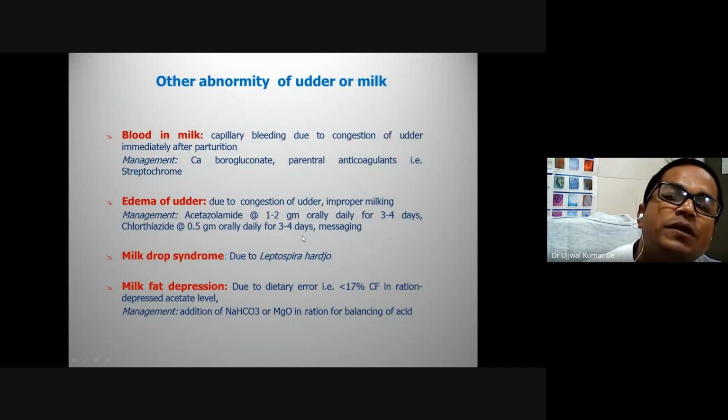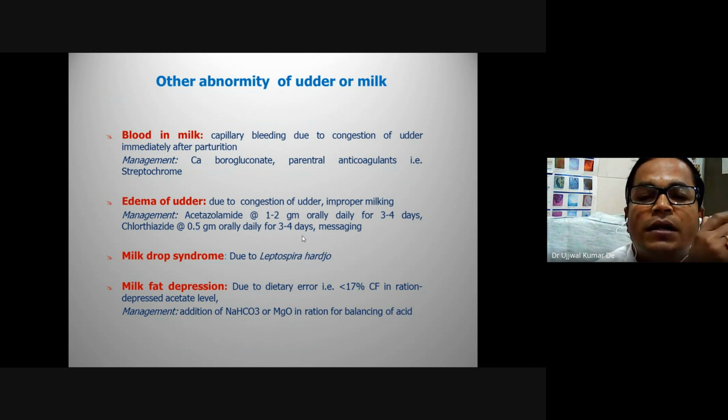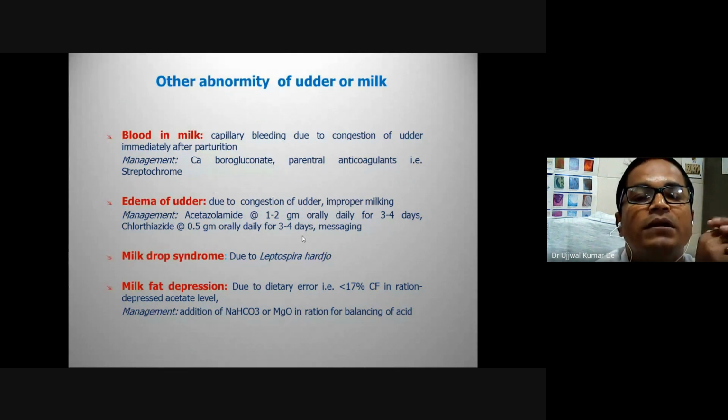Then other abnormalities of milk, apart from mastitis, are also seen in general. Suppose in a high yielding animal in the first milking, when you remove milk from the udder, sometimes the milk has blood but there are no symptoms.